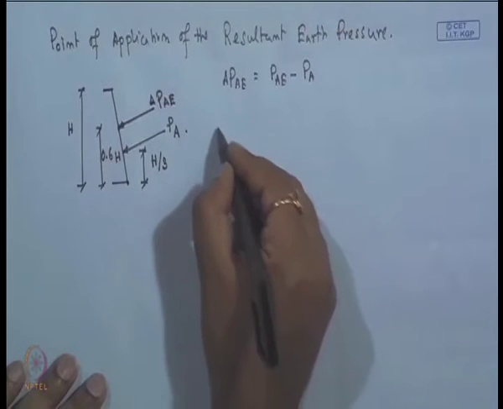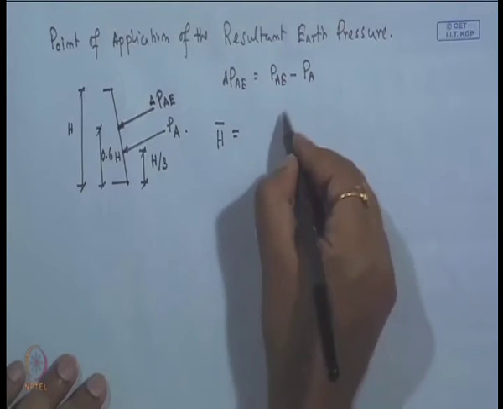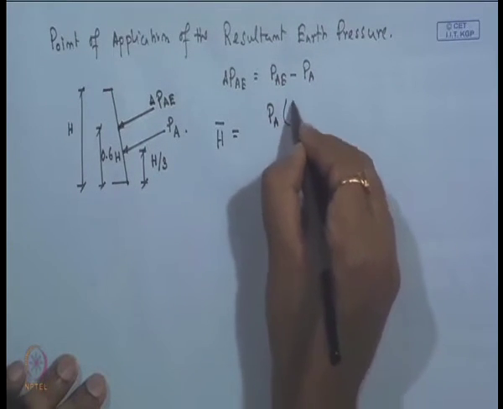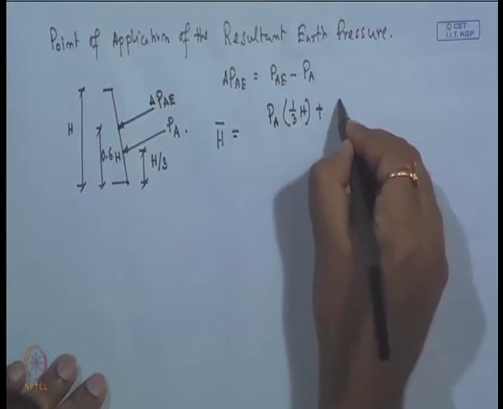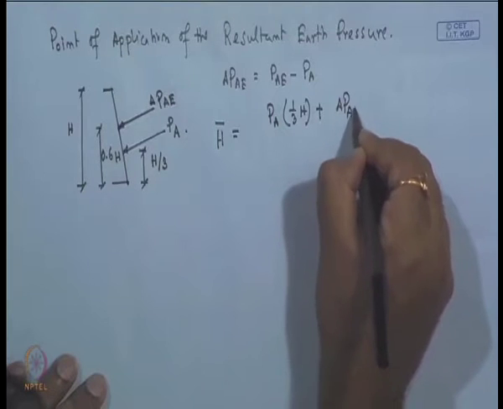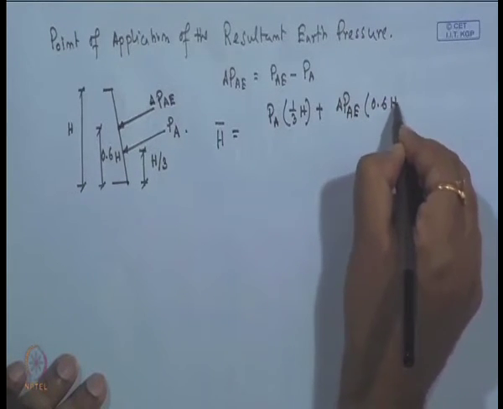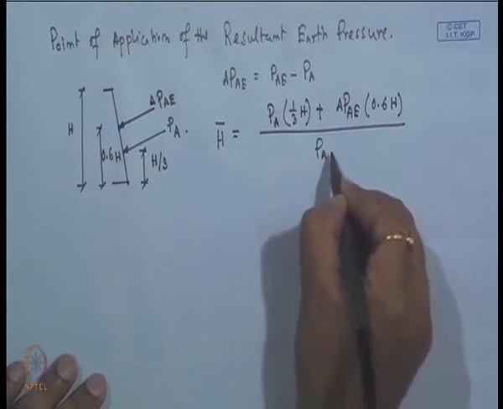So, the resultant H bar will act: PA into one third H plus delta PAE into 0.6 H, and this total is PAE.